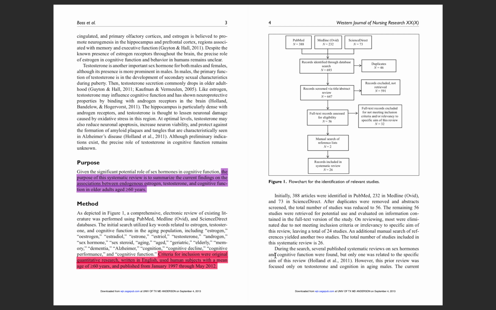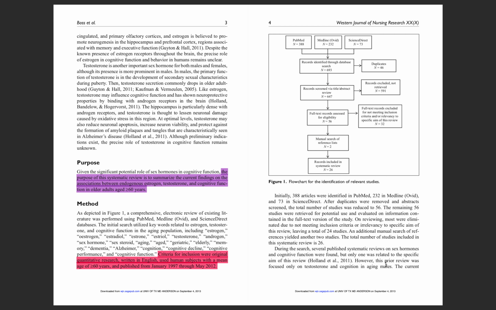So I just explained all that through here. In this one right here where it says during the search, several published systematic reviews on sex hormones and cognitive function were found, but only one was related to the specific aim of this review. And that was done in 2011, and this was published in 2014. So I needed to say how this was different than the one that was published just a few years ago.